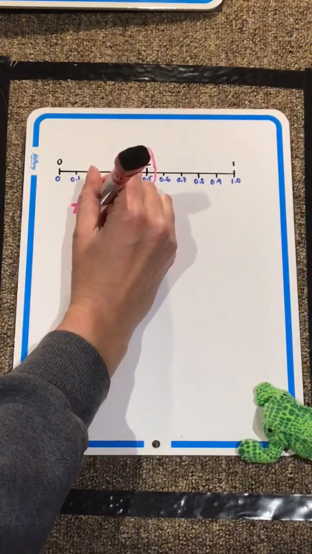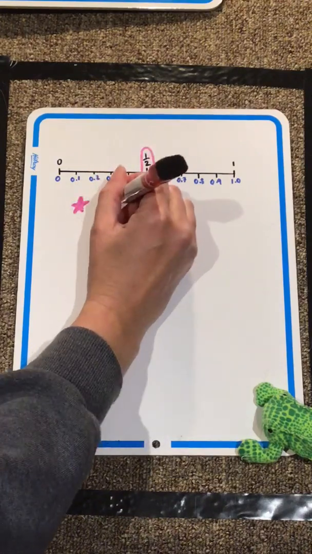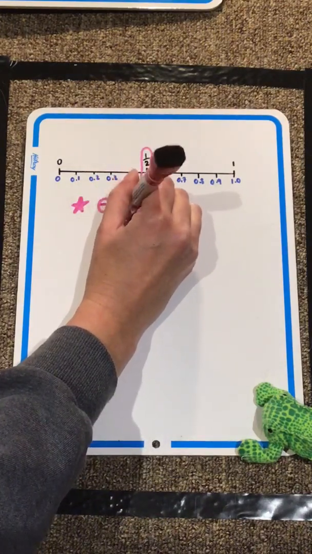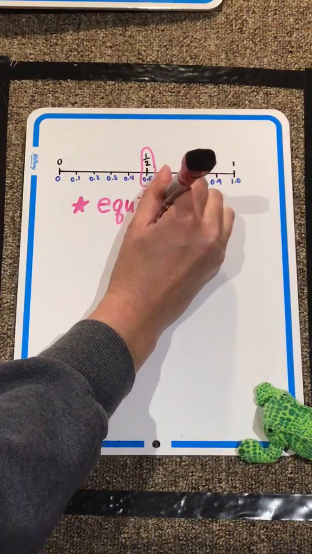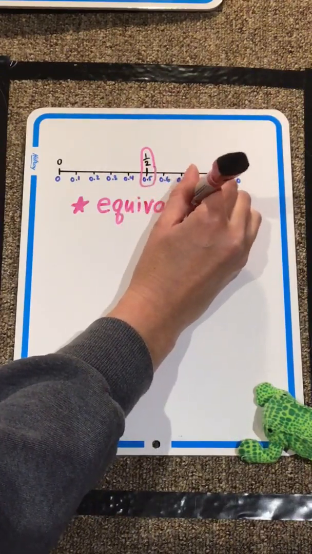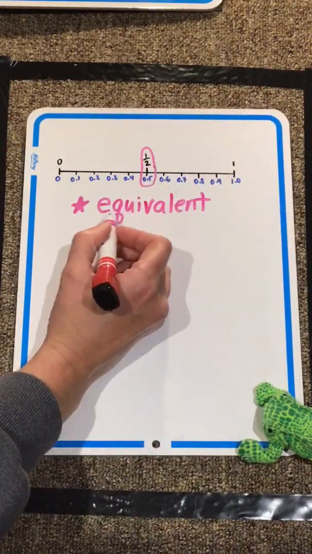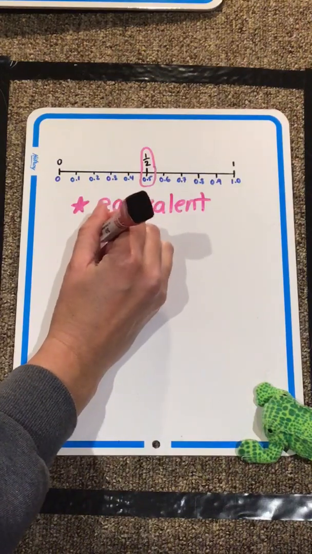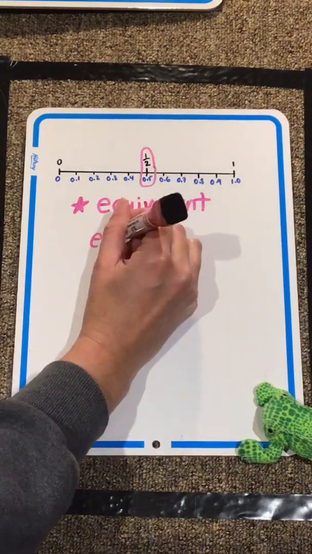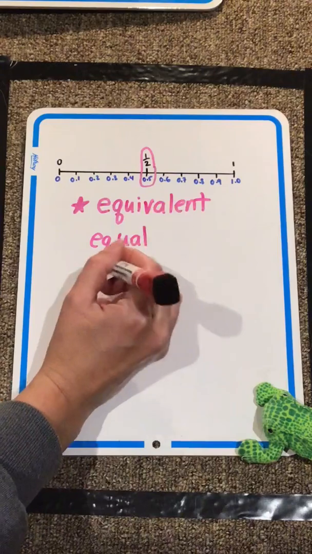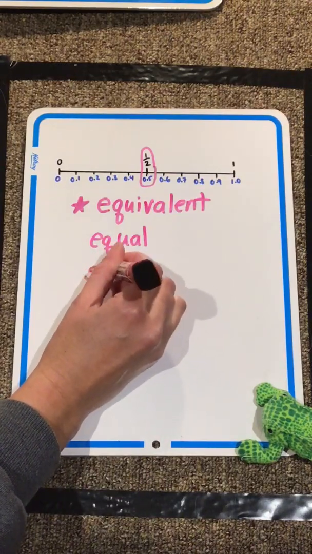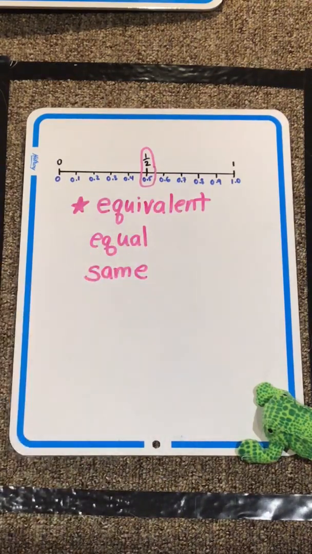There's a few different words, but the biggest word, equivalent. Okay, and equivalent starts out with the equa, right, which means equal, and you could also say same. So 1/2 and 0.5 are equivalent because they're equal, or they are the same amount of stuff, right?